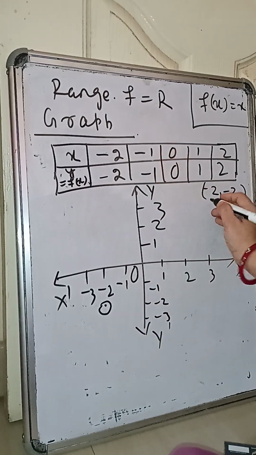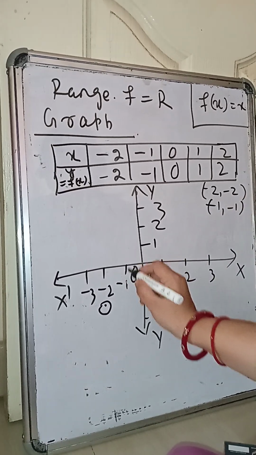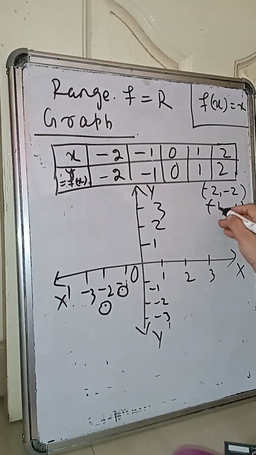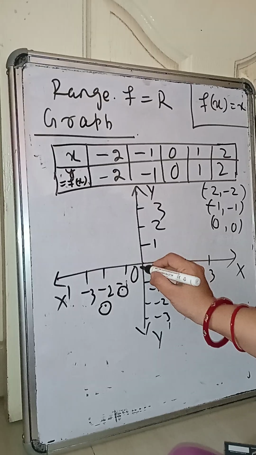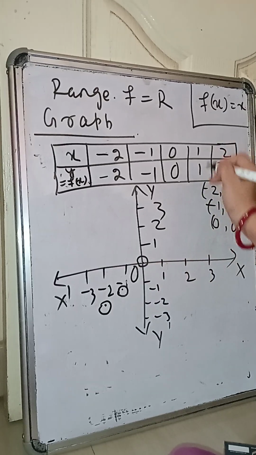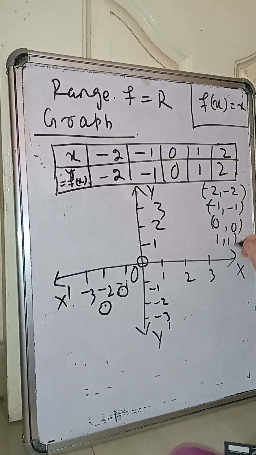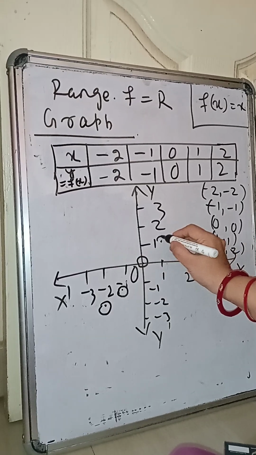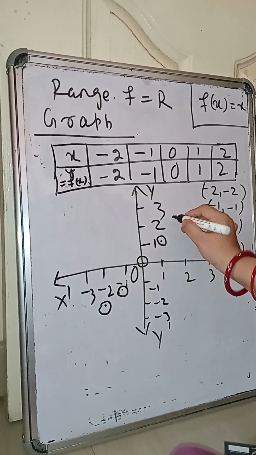Next is (-1, -1). Now next is (0, 0), the origin, then (1, 1), then (2, 2).